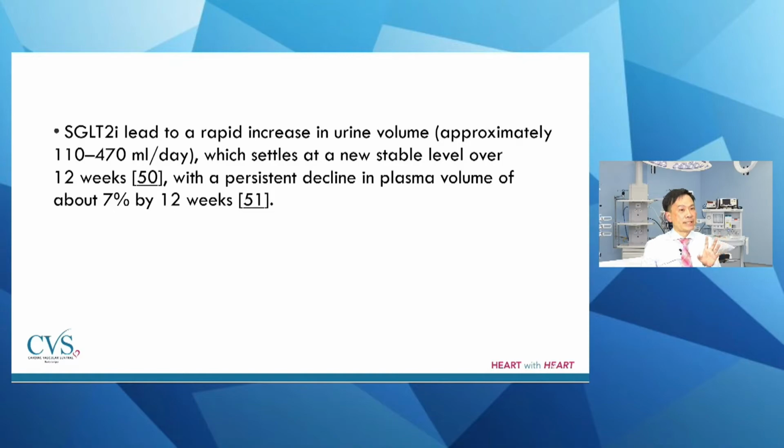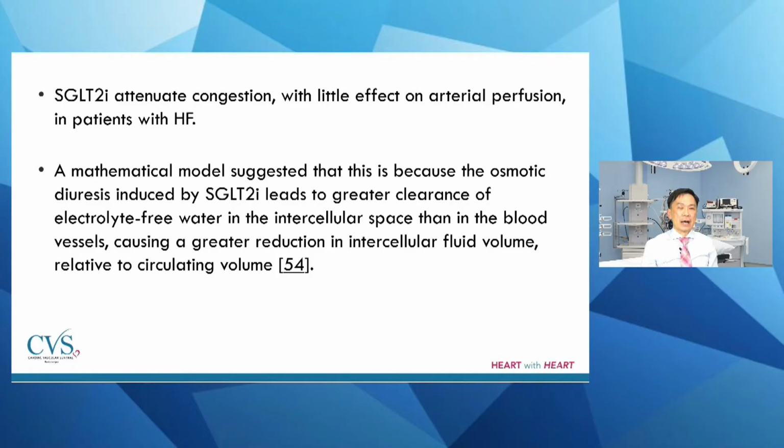However, there will be a persistent decline in plasma volume of 7%. This is something we need to achieve in patients with heart failure. So SGLT2, by getting rid of salt and water, attenuates congestion, however with little effect on the arterial perfusion.